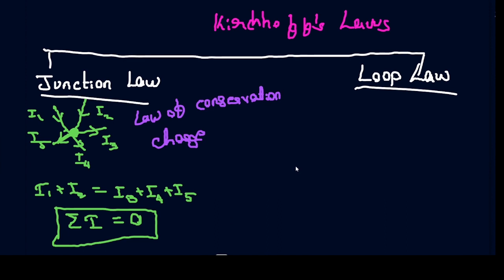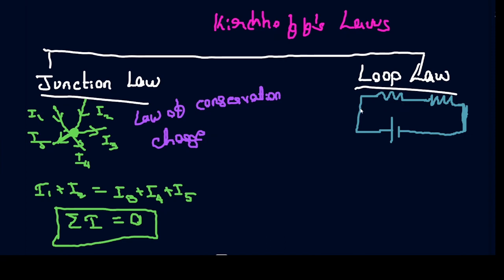For example, if we consider any series combination, one resistor and one more resistor, and I have connected them to the battery, right? So this is my circuit. Now all the devices are connected in series, right?